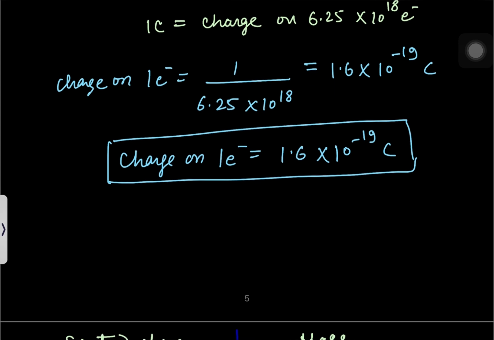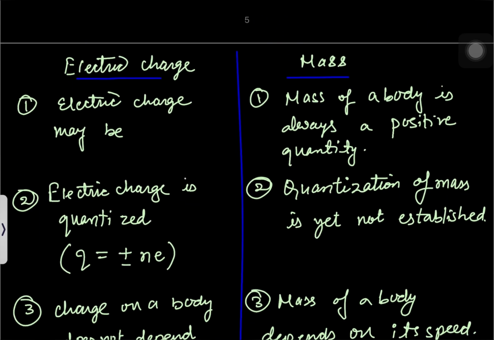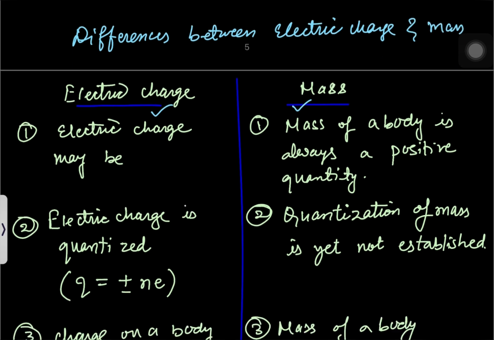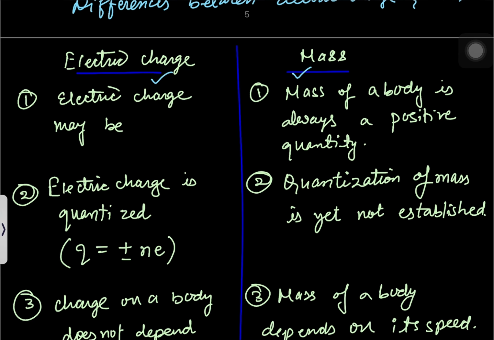Now we need to understand the differences between electric charge and mass. So I would write here differences between electric charge and mass. Electric charge may be a positive quantity, a negative quantity, or it may be neutral, so I would write 0. But mass of a body is always a positive quantity.